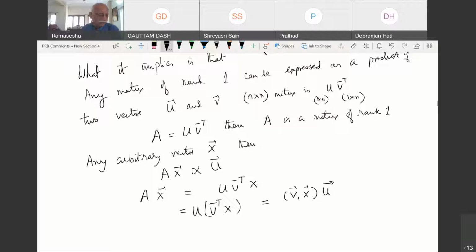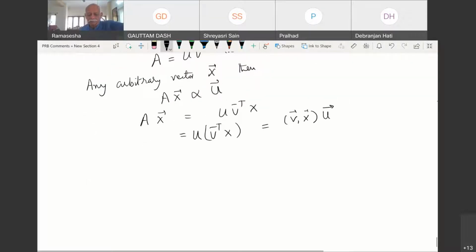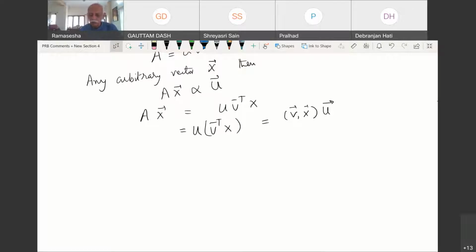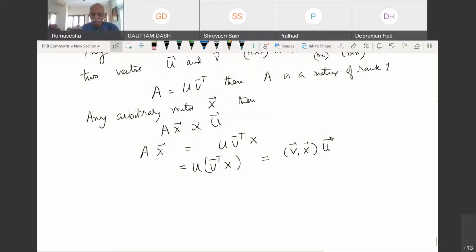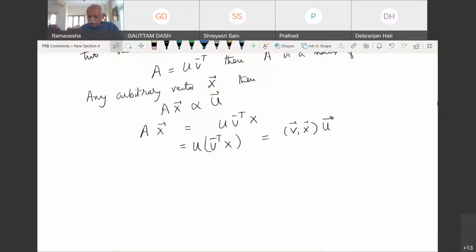Do you follow it? Sir, how is Ax proportional to u? Ax is what? A is U V bar transpose, right? Yes. So Ax is equal to U V bar transpose times x, right? Yes.